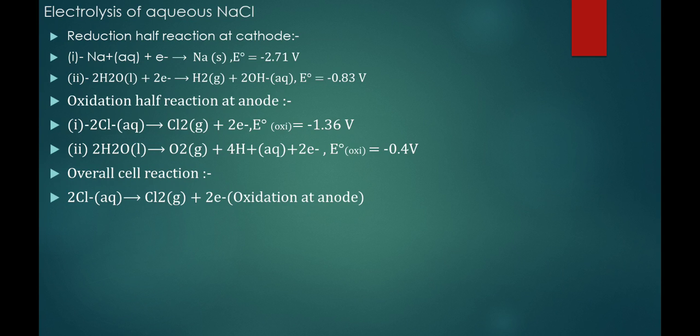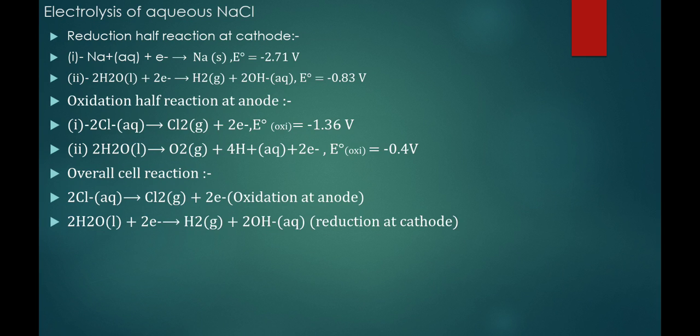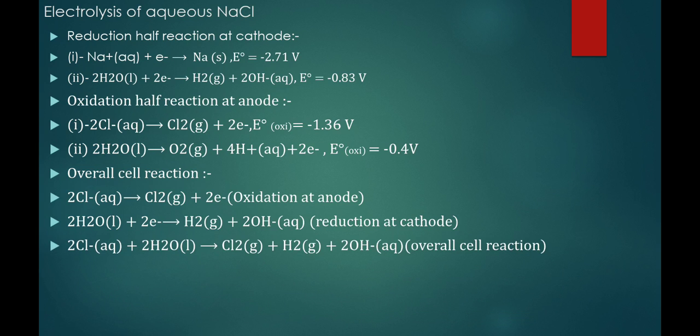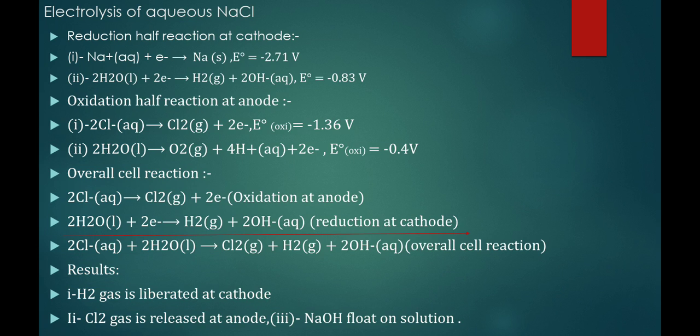At the anode, oxidation takes place where the chloride ion releases an electron and forms chlorine gas, and at the cathode, reduction takes place where water gains electrons and forms hydrogen gas. So when we add these two reactions, we finally get chlorine gas liberated and hydrogen gas liberated.